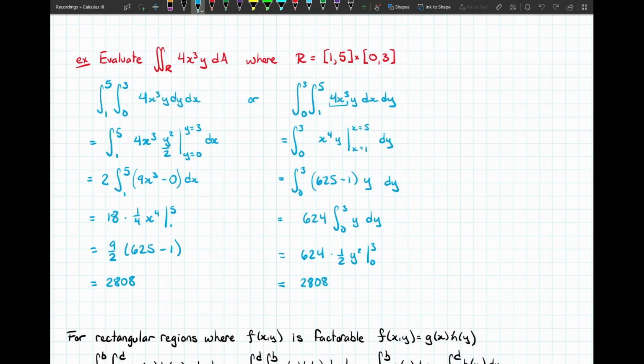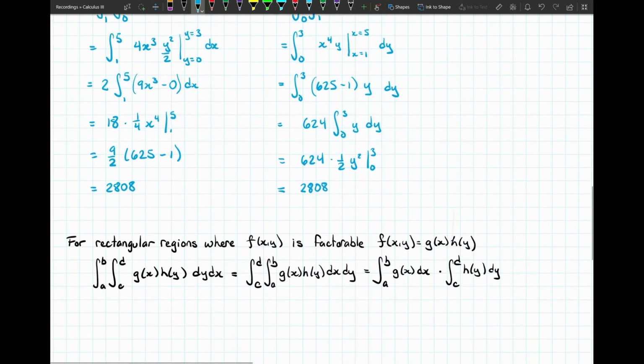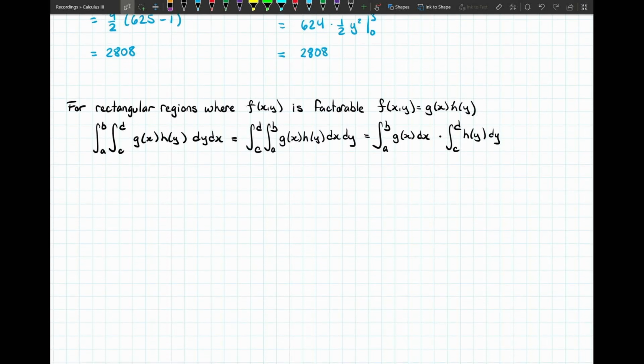4 is a constant multiple. That can either get attached in with the x cubed, or it can get thrown in with the y. But certainly we can separate this up into two separate factors, one for x and one for y. And because we have a rectangle, we can actually split this into two separate definite integrals and multiply the results. So why don't we try that strategy here?